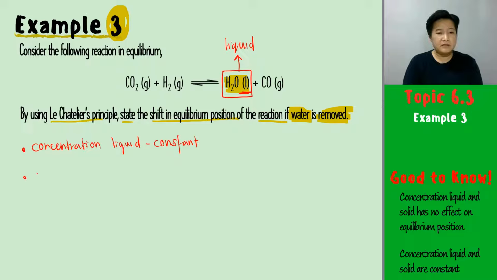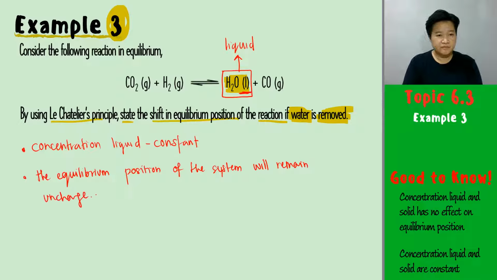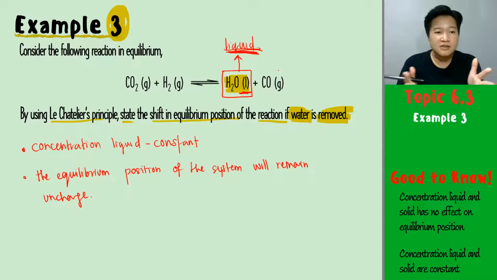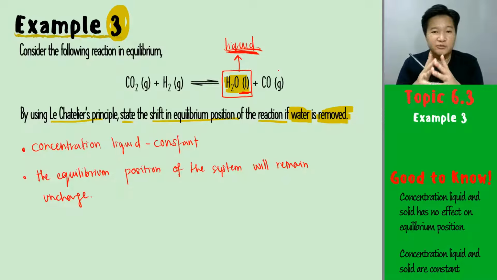As a result, the equilibrium position of the system will remain unchanged. Okay? Bear that in mind, when the disturbance is the concentration of your liquid or solid, the equilibrium position will remain unchanged. Okay? It won't change anything because the concentration of a liquid or solid is constant. I hope you remember this.